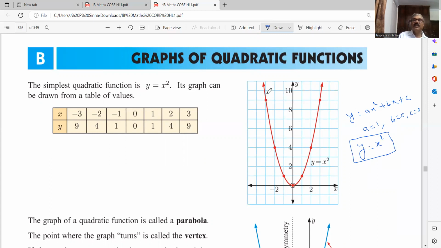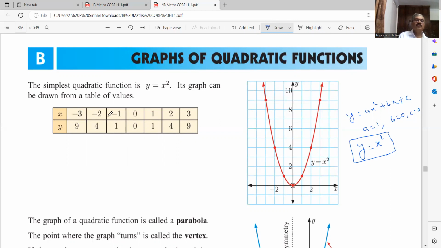Correct? So now when you plot the graph of y is equal to x square, means for different values of x, what value you are getting for y. If you are taking x is equal to -3, then you are getting y is equal to 9. When you are taking x as -2, then y is equal to -2 square, that is 4.